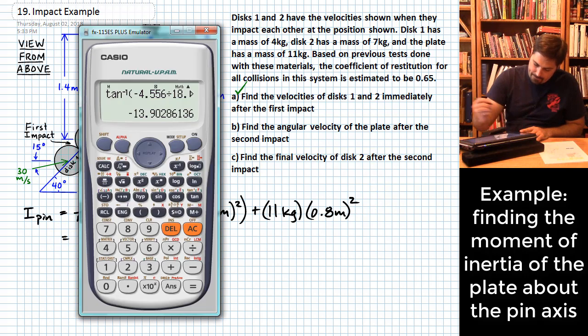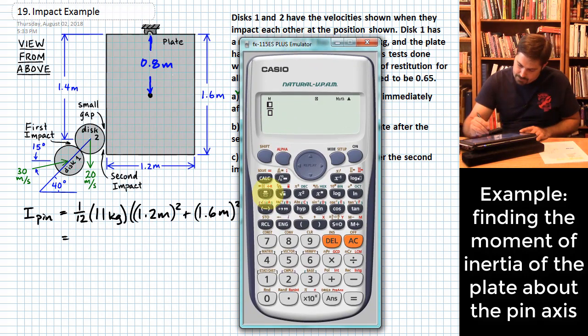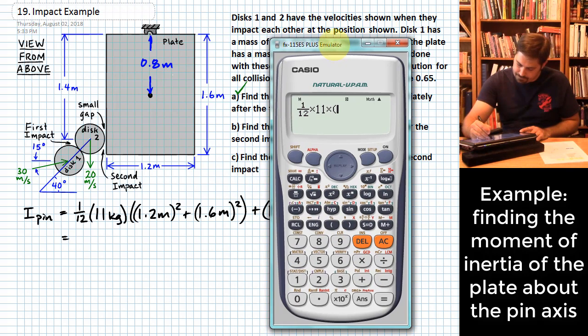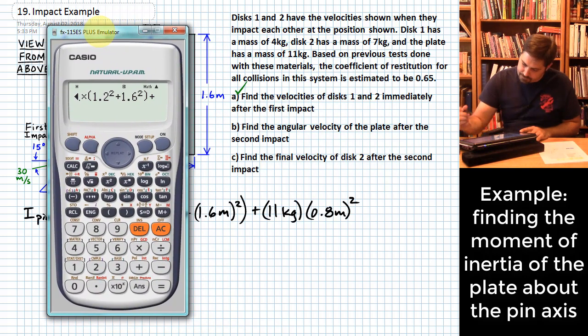Okay, so let me put all this in here. So I have 1/12 times 11 times, here I've got 1.2 squared plus 1.6 squared, plus 11 times 0.8 squared.